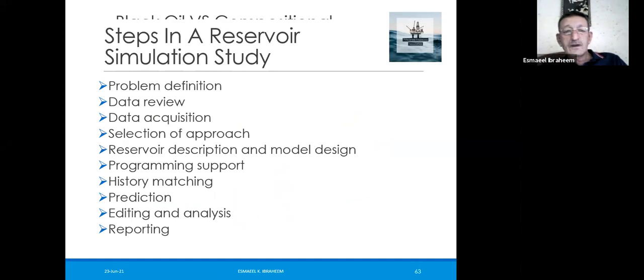If you are doing a reservoir simulation study, these are the steps that should be taken in order to do a study. First of all, your problem definition, data review and data acquisition, selection of approach, how you approach solving this problem, reservoir description and model design, programming support, history matching, prediction, editing and analysis reporting.